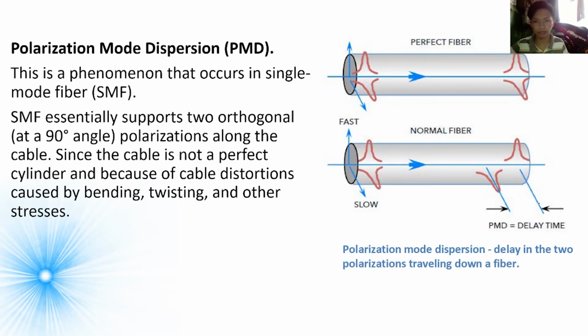Okay, so the next one would be polarization mode dispersion. This is a phenomenon that occurs in single mode fiber. Essentially support two orthogonal polarization along cable. Since the cable is not perfect cylinder, and because of cable distortions caused by bending, twisting, and other stresses, polarization mode dispersion occurs. So as you can see here, this is what happened in a perfect fiber.